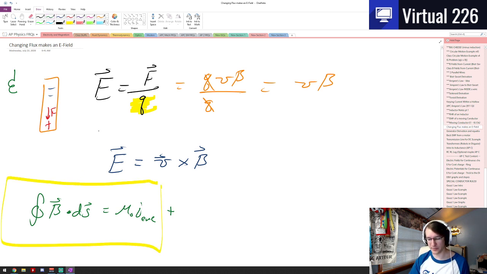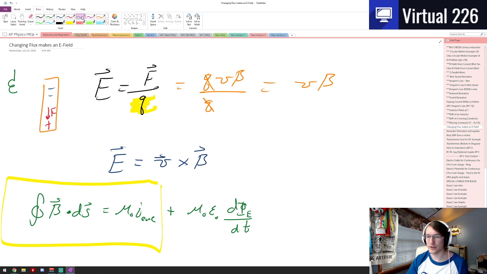But if you wanted to be complete here, there's technically another term, which is mu naught epsilon naught, the permeability and permittivity of free space, multiplied by a changing electric field with respect to time. So we see that a changing electric field is going to create a magnetic field.